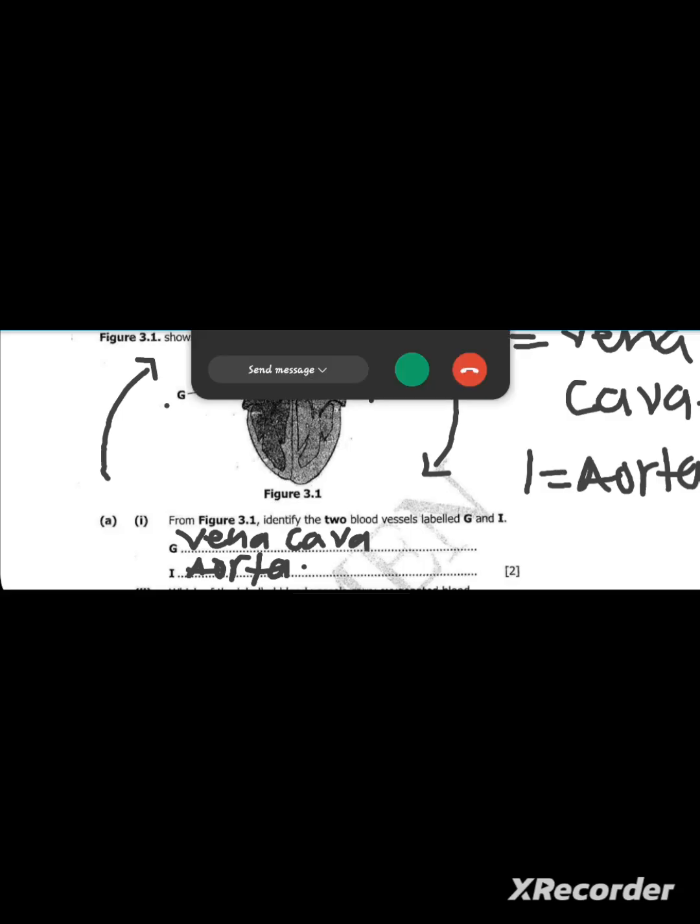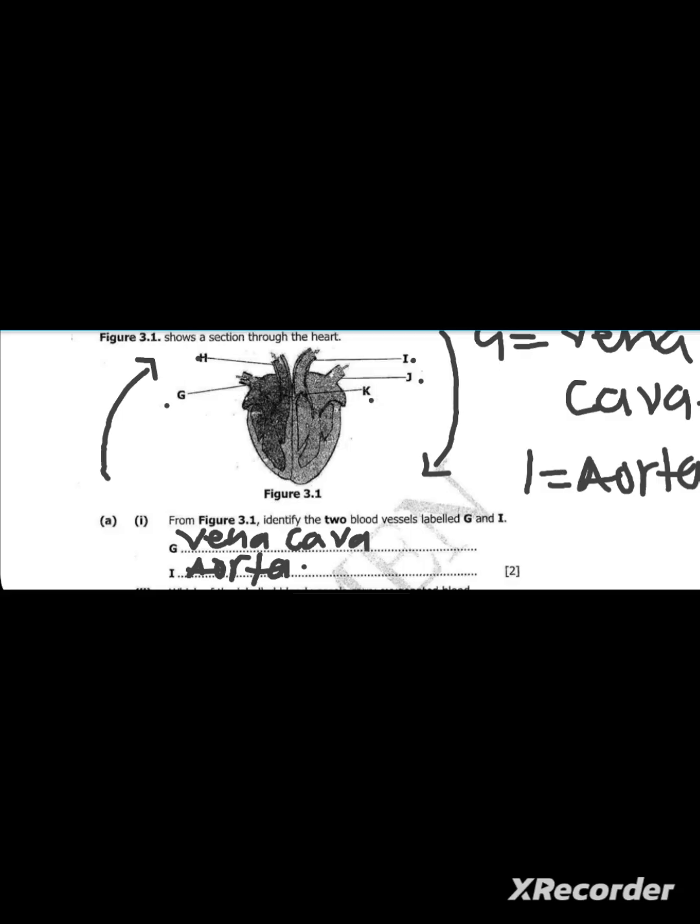Now when the pressure increases here in the aorta, and the pressure reduces here in the ventricle, the blood will need to flow back to the ventricles. Since we have that valve, the aortic valve, it prevents the backflow of blood.